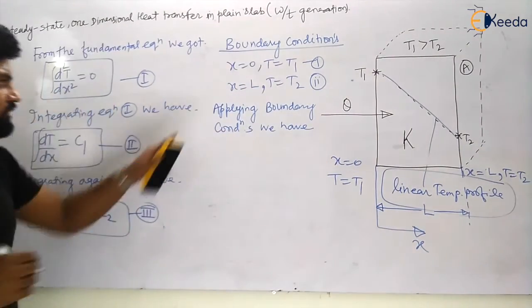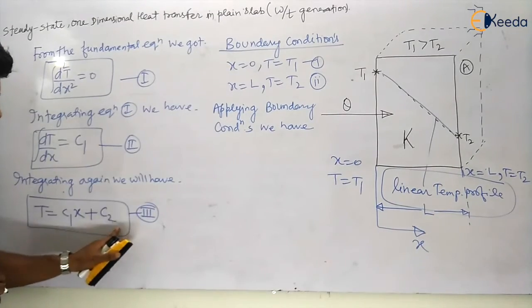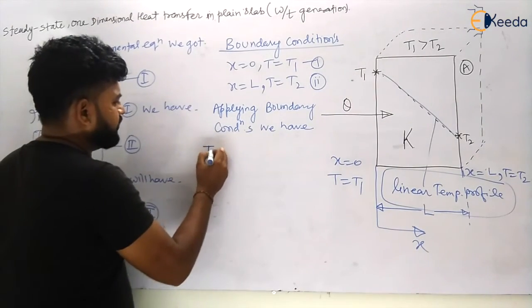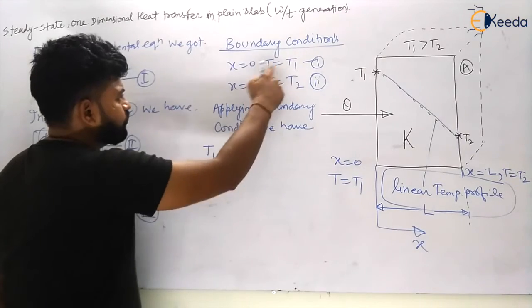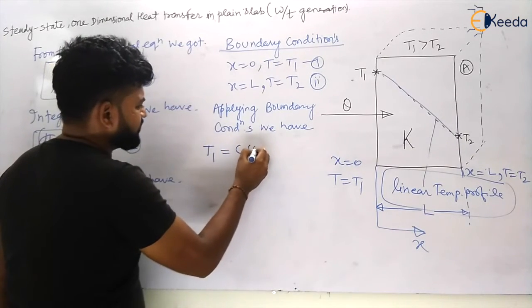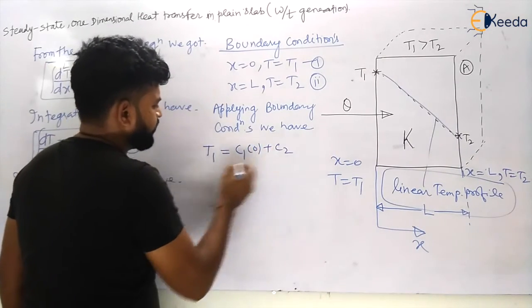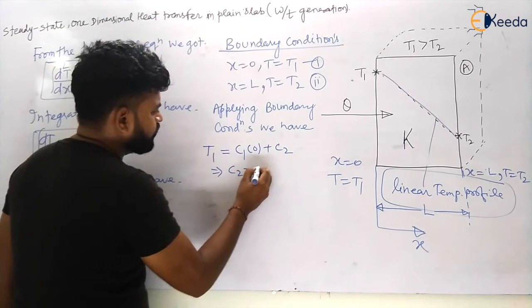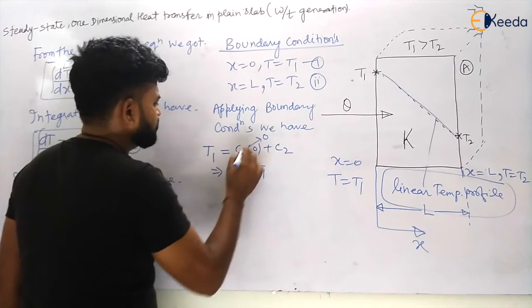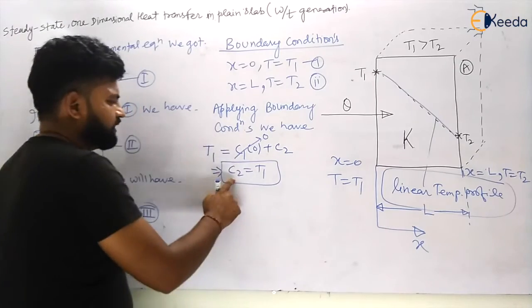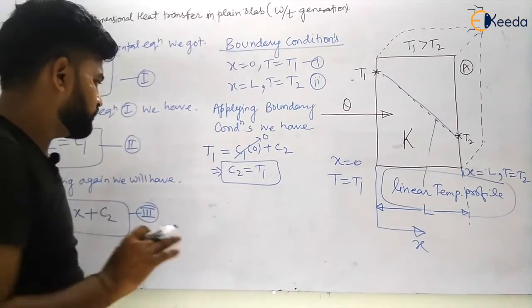Putting the first boundary condition in equation number three, T will be equal to T1, C1 into x, which is 0, plus C2. So we will have C2 is equal to T1, because this part will be 0. So we have got the value of the second constant.